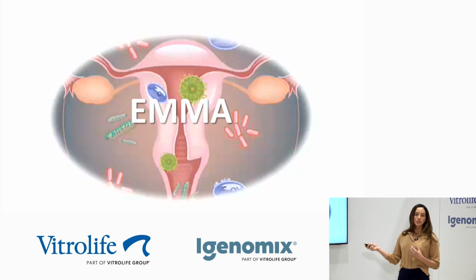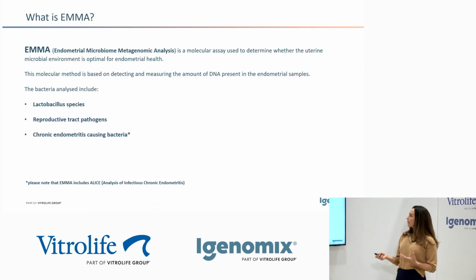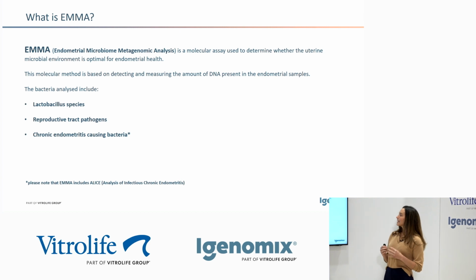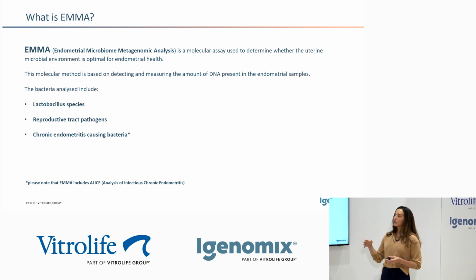Now, to quickly introduce you to the EMA test, EMA stands for endometrial microbiome metagenomic analysis, a molecular assay used to determine whether the uterine microbial environment is optimal for endometrial health. This molecular method is based on detecting and measuring the amount of DNA present in the endometrial samples. Here, we look at Lactobacillus species, which is the good bacteria.